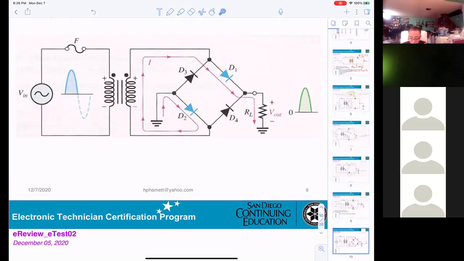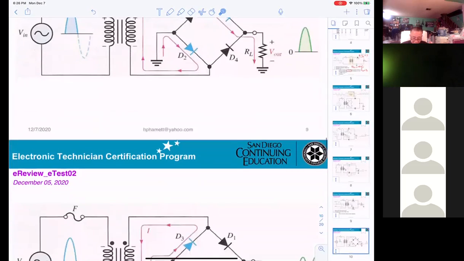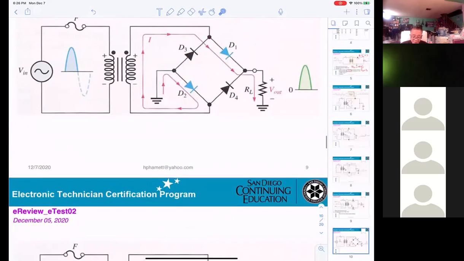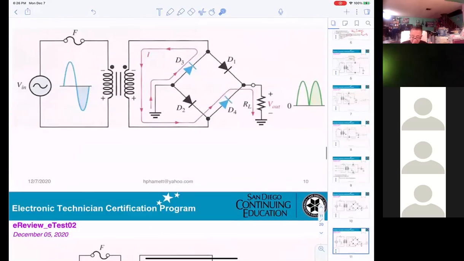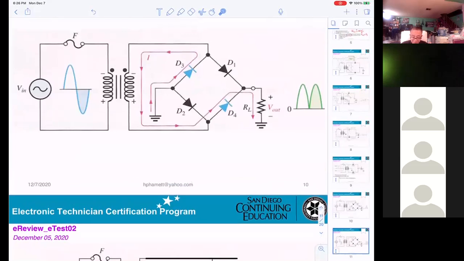And when you get a negative part of the secondary, then the diodes on will be D3 and D4. So that's why you get full wave rectified. 1 and 2 work together, and 3 and 4 work together. Right, and one is forward biased, and the other is reverse biased.